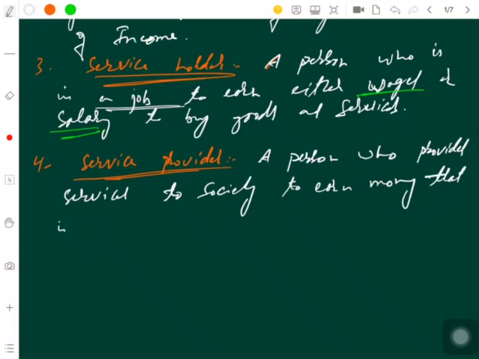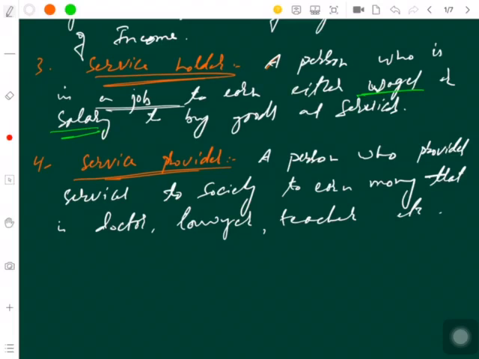Let us say a doctor, a lawyer, a teacher, etc. You can name many things here. These people are known as service providers.